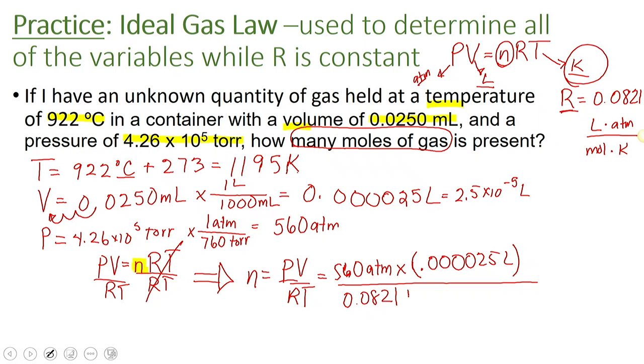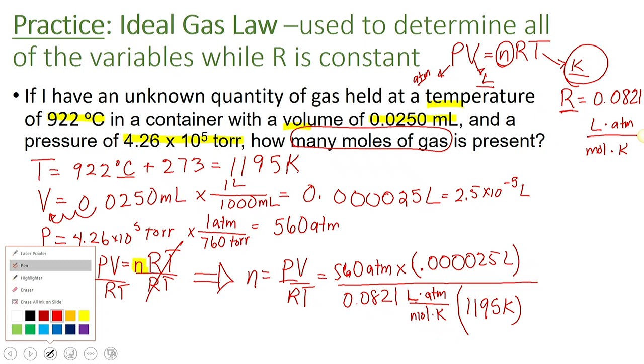And don't forget about your units, because they're going to help us to cancel out at the end. And then our final temperature, which was 1195 K. All right, let's see if we cancel everything out properly.